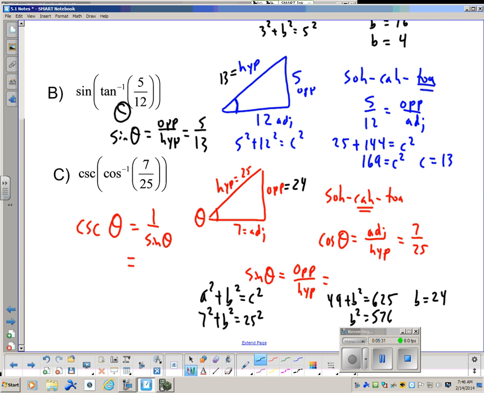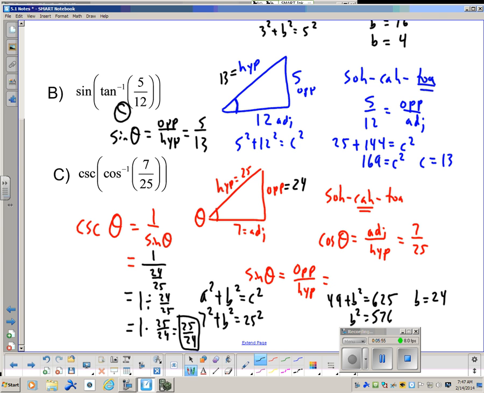So you can either think of this as 1 divided by the sine, which is your opposite over your hypotenuse, which is 24 over 25. But then 1 divided by 24/25 is the same thing as 1 times the reciprocal of that second value, which is 25/24. Which then just gives us 25/24 as our final answer.